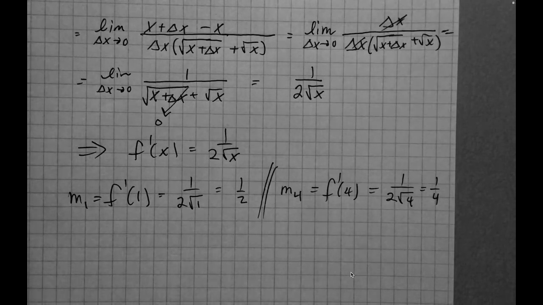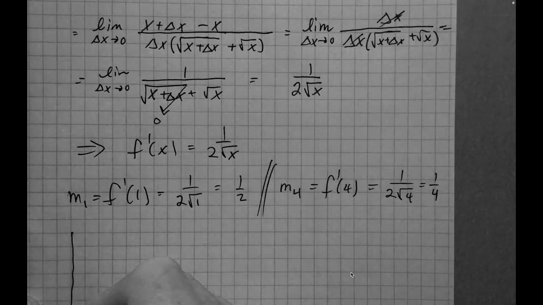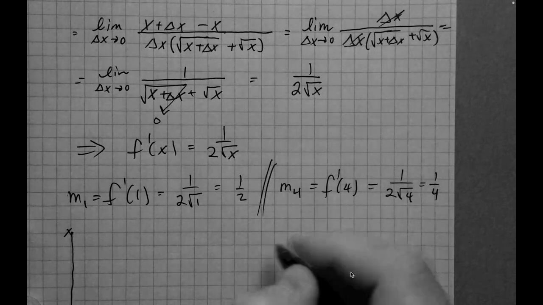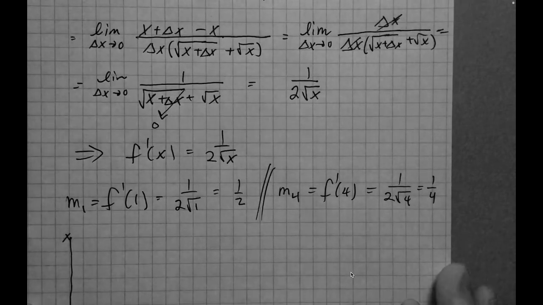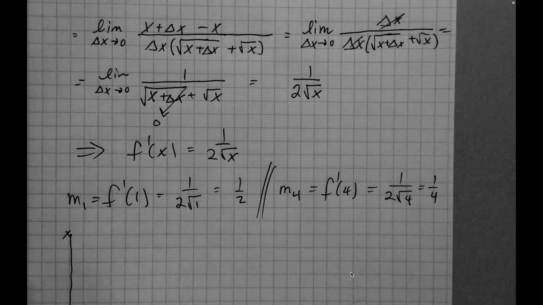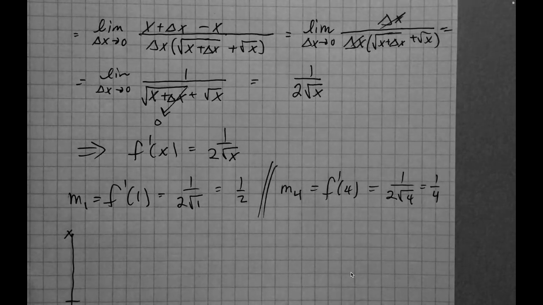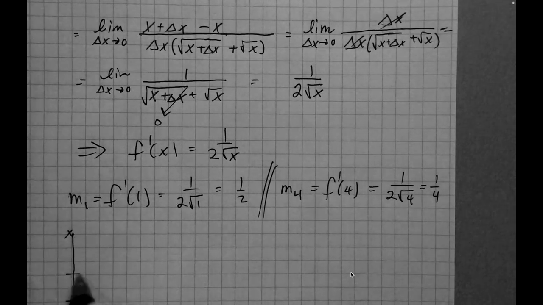Okay. So let's take a look at this function and see how it looks. You might remember what the square root of x looks like as a function. I'm going to try to draw it reasonably well. It kind of goes like this. So this is 1, it goes through there, it goes through 0, 0.